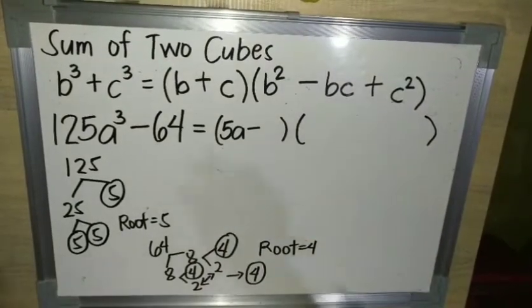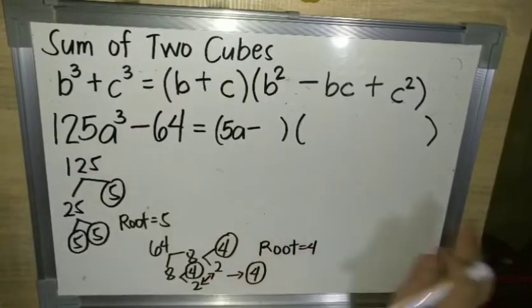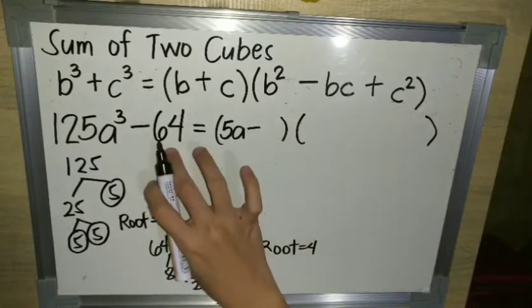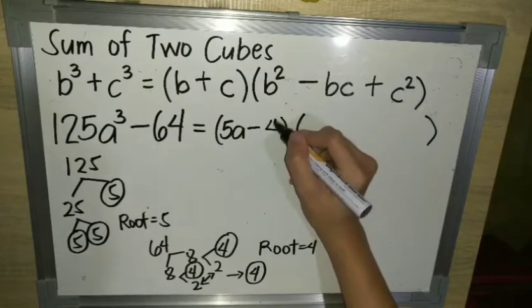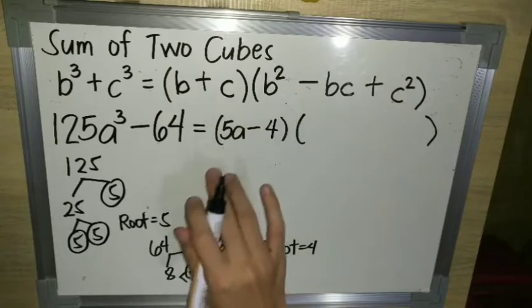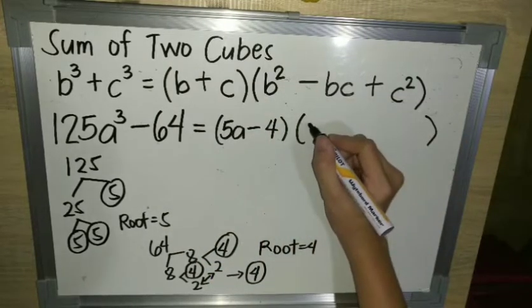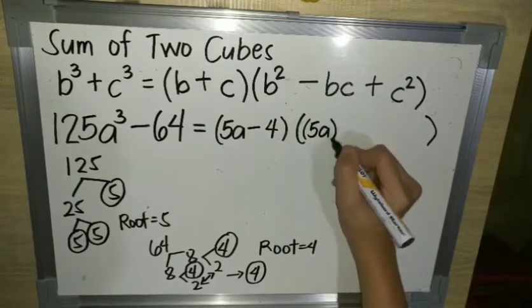Okay, so, cube root of 125 is 5, and then, the cube root of a cubed is a. And then, for the 64, sabi nga po natin, ang ipapalit natin is root, which is 4. And then, on this side naman po, tandaan po, kukunin natin yung nandito, and then we will put square on them. So, meaning, dito po sa kabila, we will have 5a squared.